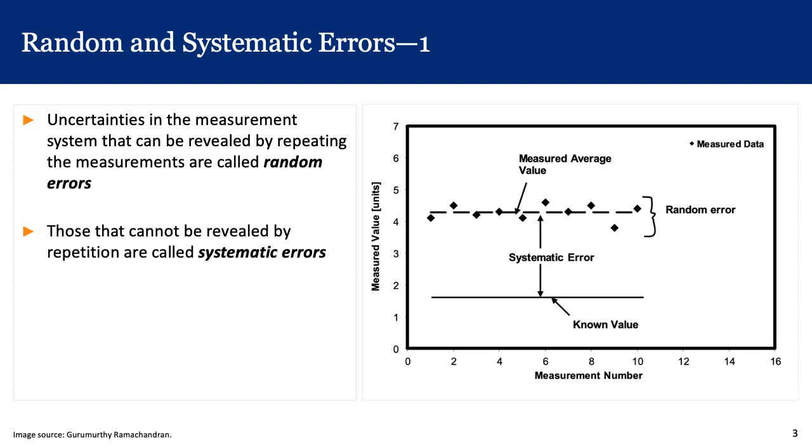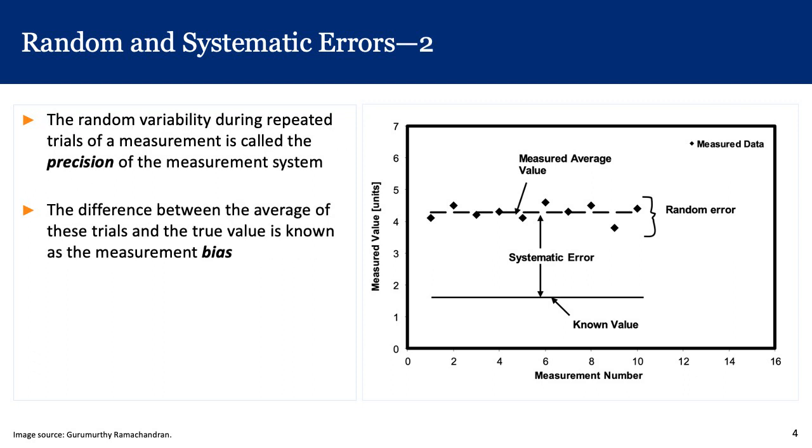We need an independent source of information for determining systematic error. Also, a couple more terms. The random variability, the scatter of these values around the measured average value, is called the precision of the measurement system. The difference between the average of these trials and the true known value is known as the measurement bias or systematic error.